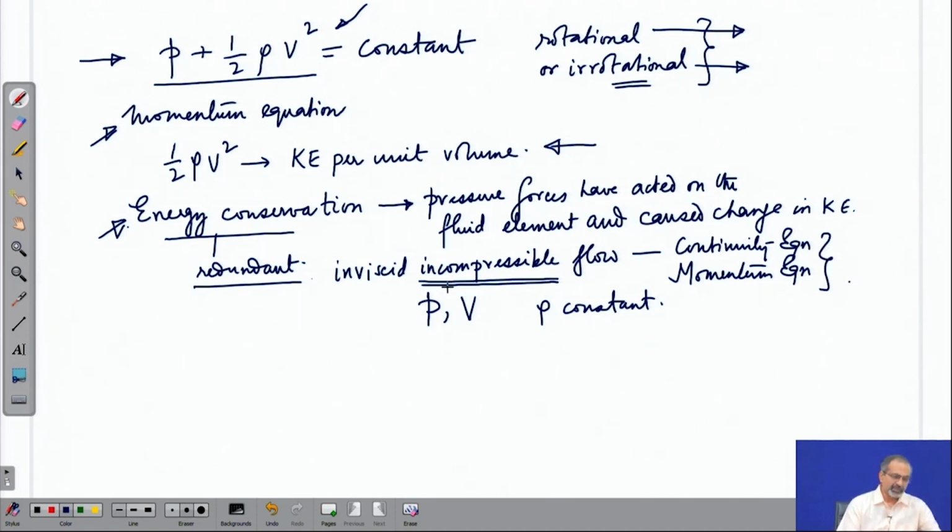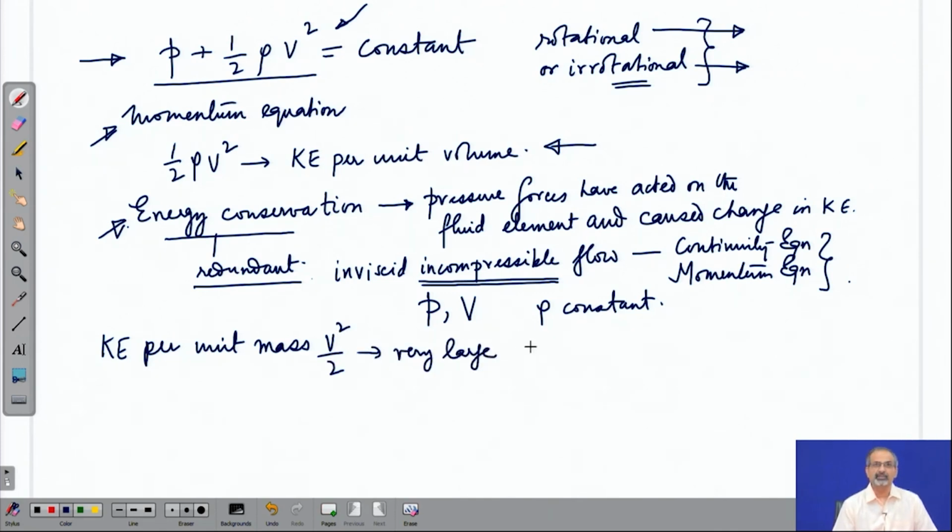However, we may recall an earlier discussion when we were deriving the conservation equations and we came across the energy equation derivation, that when it comes to a high speed flow, then when you look at the kinetic energy per unit mass of a moving fluid element, which is V square by 2, this becomes very large, and it becomes so large that this starts playing a very dominant role in affecting the flow properties.